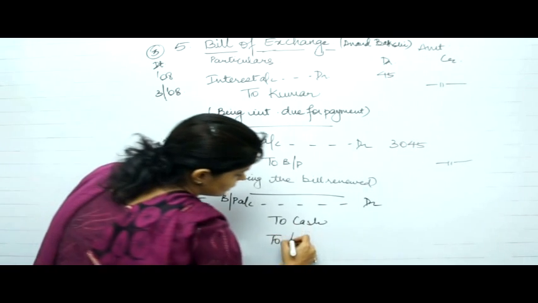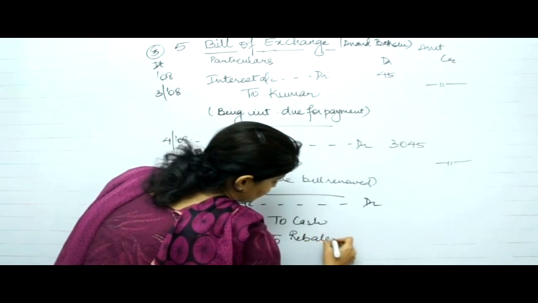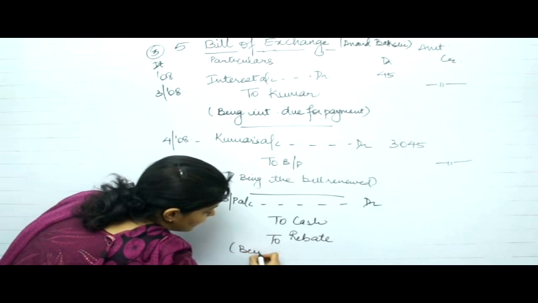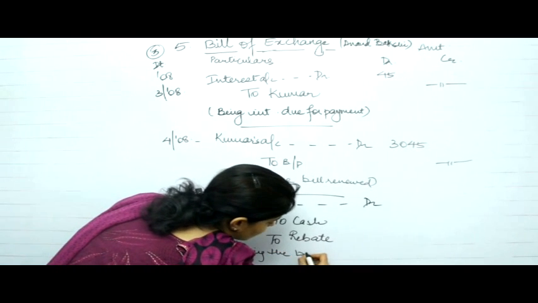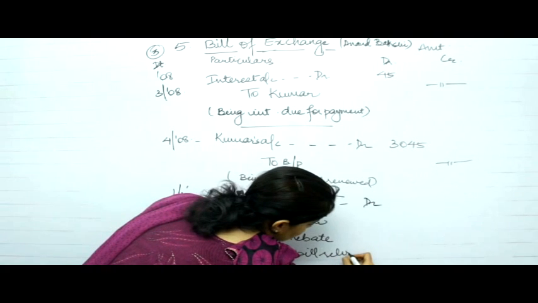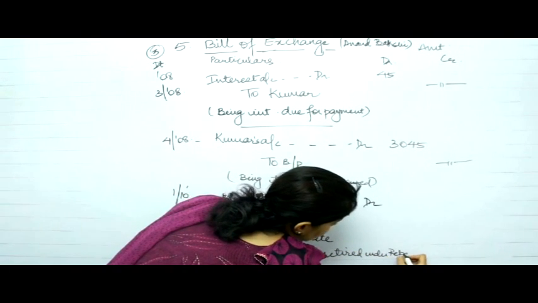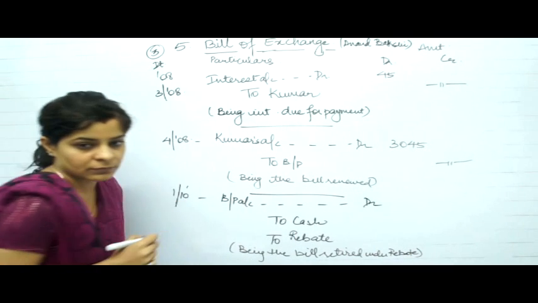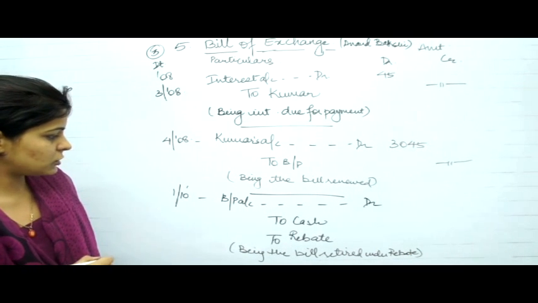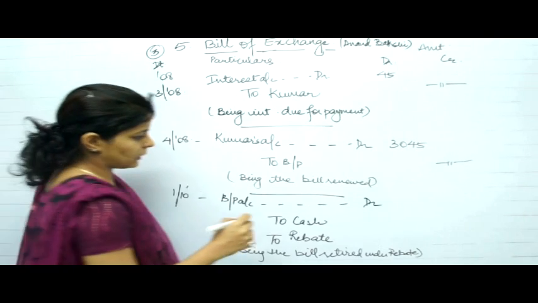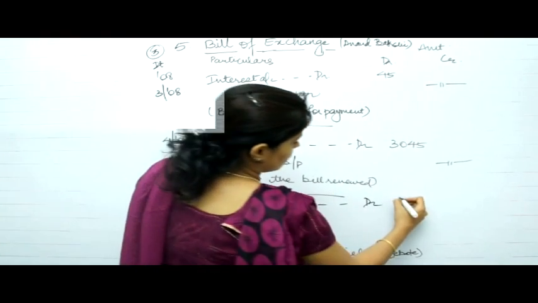Alright. So this is to rebate. Being the bill retired under rebate. Alright. So how much is the amount? 3045 was the total amount.